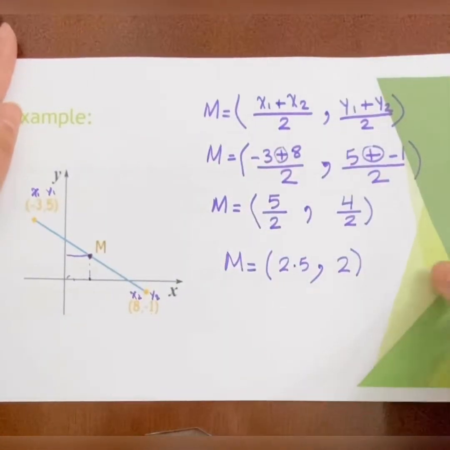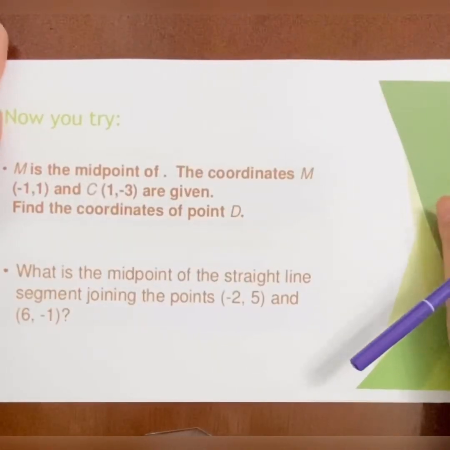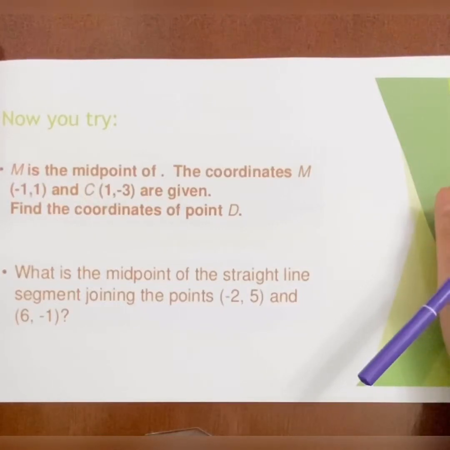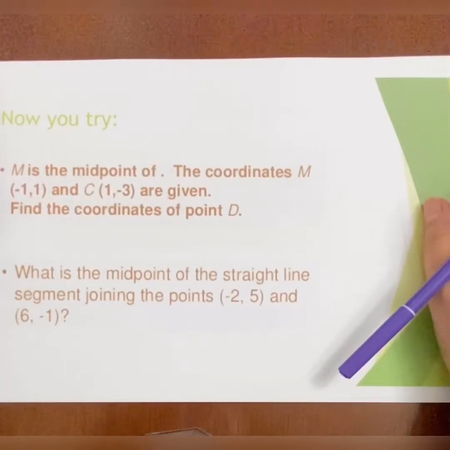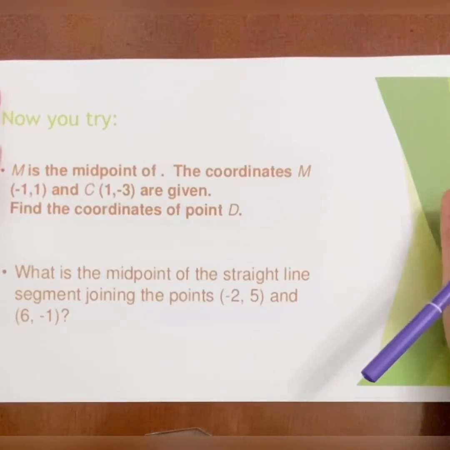Is that clear? Now, I want you to try to practice before you start with your questions. M is the midpoint of the coordinates M, negative 1 and 1, and C are given. Find the coordinates of point D.